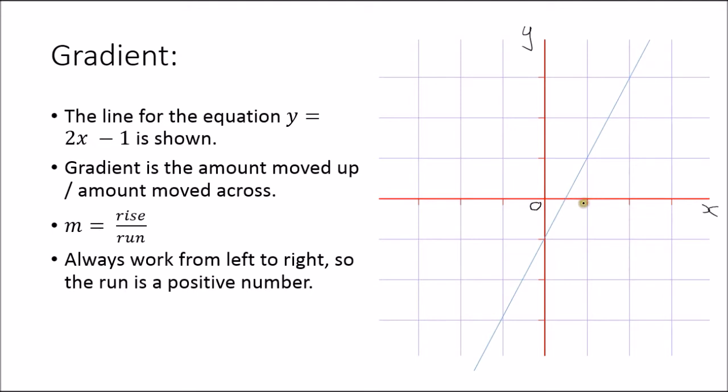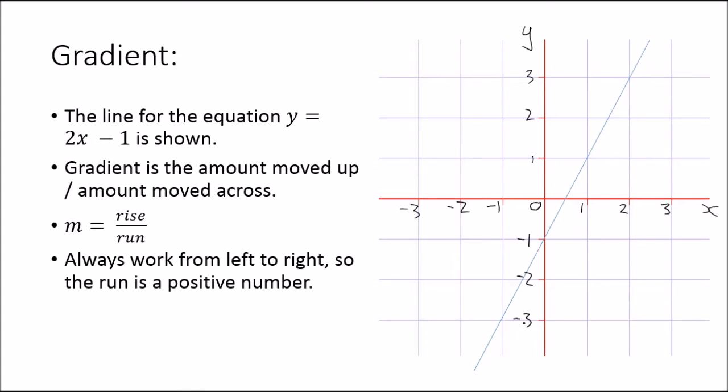Now I'm just going to quickly number these. Now the scale we're using here is just 1 to 1, so 1 square is one number, and positive y values go up, positive x values go across to the right. Okay, so now I've got my Cartesian plane.